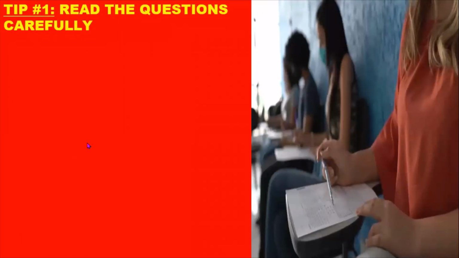In the WAEC exam, you are usually given 4 or 5 different essay writing questions. So if you decide to pick a formal letter writing question and respond to it, then you need to read that question carefully to make sure that you know exactly what you are asked to write.